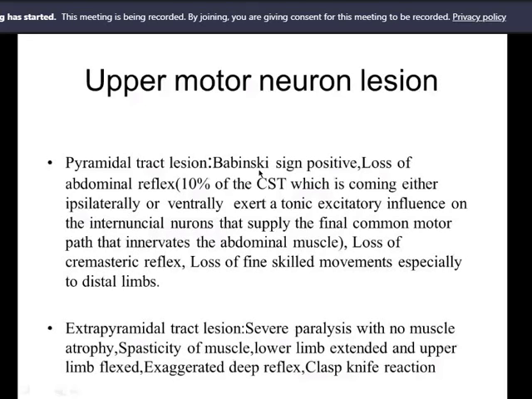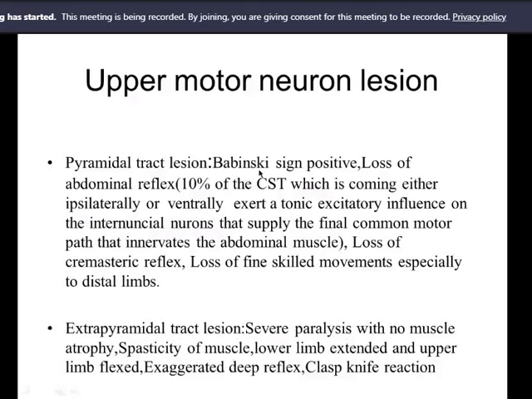Because upper motor neuron may be pyramidal, may be extrapyramidal. Am I clear? I repeat, upper motor neurons are corticospinal and corticobulbar motor neurons. It may be the neurons of the pyramidal tract, it may be the neurons of the extrapyramidal tract.